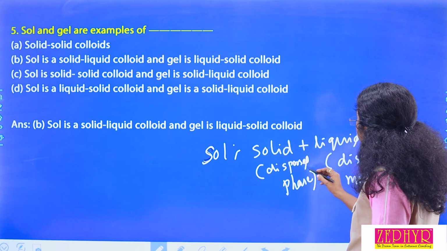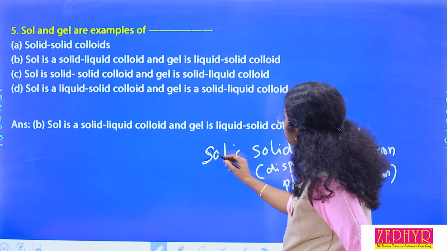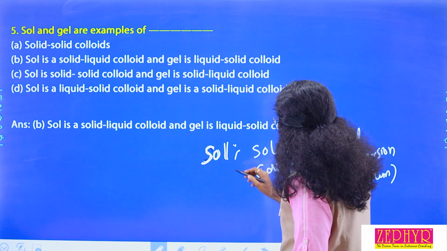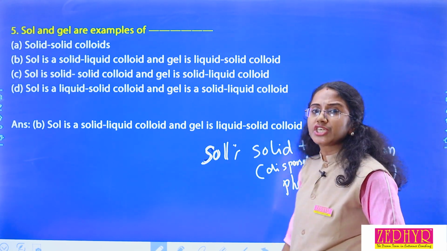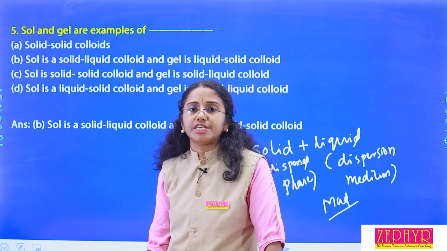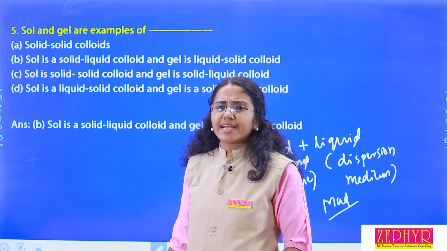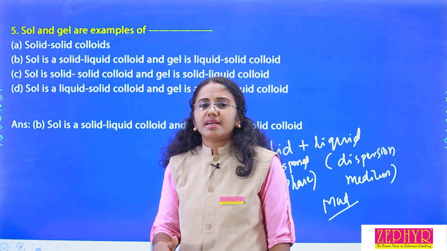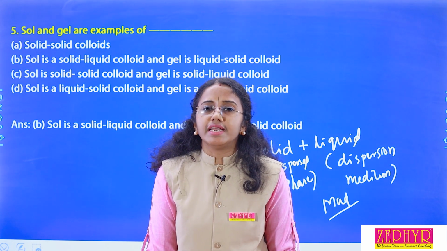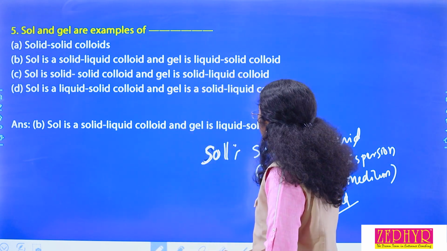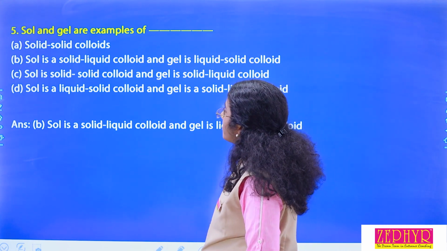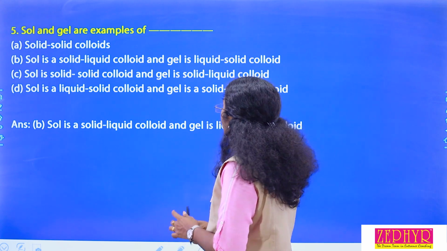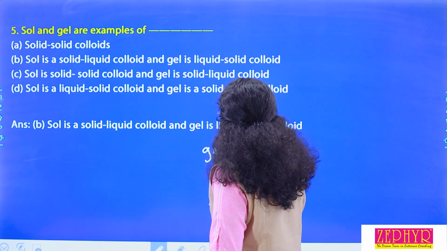Examples of sol are mud and milk of magnesia. Milk of magnesia is used to expel the excess acidity from our stomach. So sol is solid in liquid. Then what about gel?